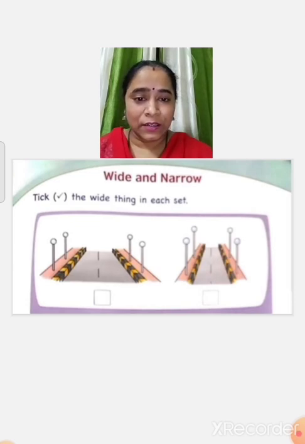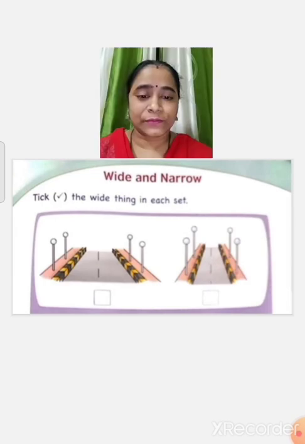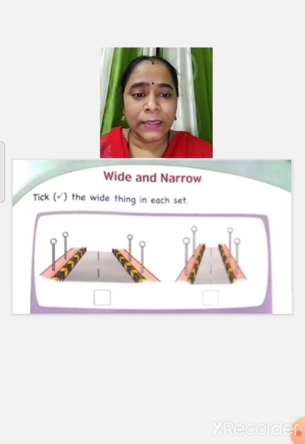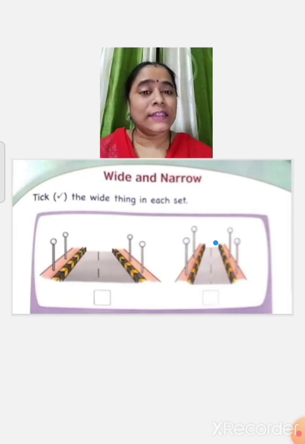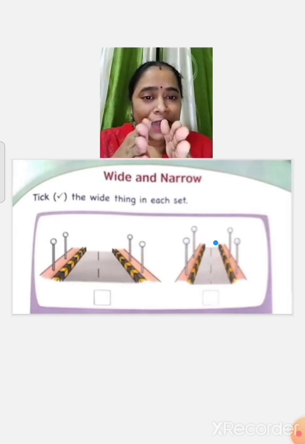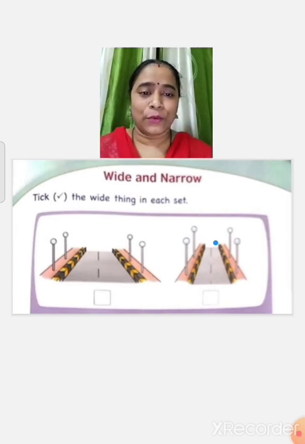Yes. So here 2 roads are there. Okay. Now children, tell me, this road is wide. No. This road is narrow. Okay.